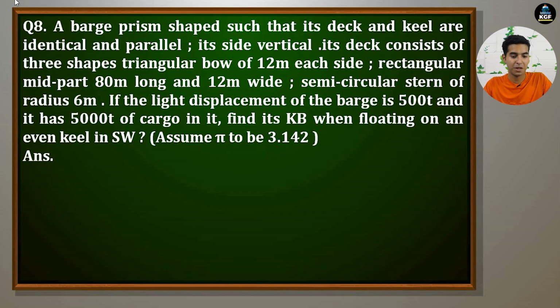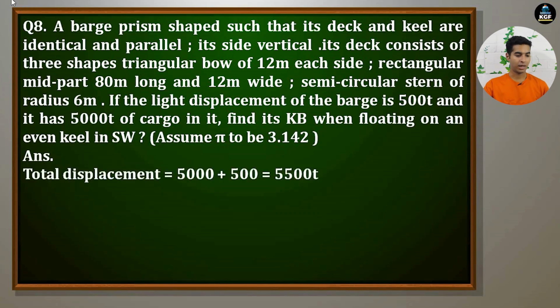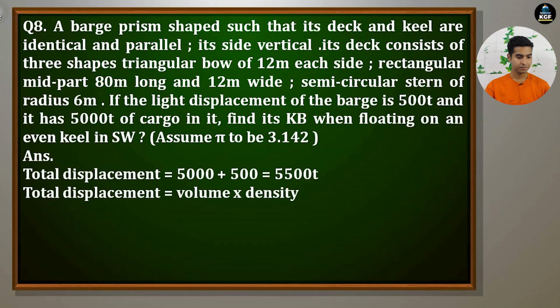If the light displacement of the barge is 500 tons and it has 5000 tons of cargo in it, find its KB when floating on an even keel in salt water, and assume pi to be 3.142. Pi is given because of the semicircular stern of radius 6 meters. So guys, again I am telling you, check the description for the diagrams of question 8, question 9 and question 10. Okay, so total displacement will be 5500 tons.